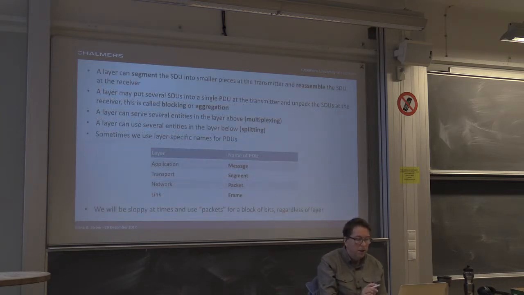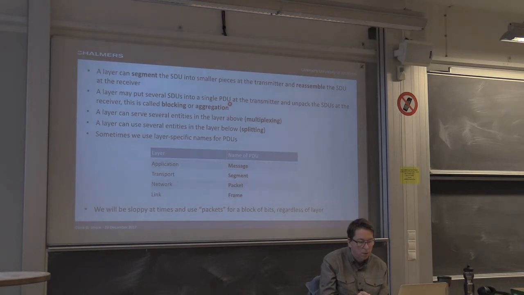A layer can segment a service data unit into smaller pieces, transmit them individually, and then reassemble that at the receiving end. A layer may put several service data units into a single protocol data unit, and then disassemble that at the receiver. This is called blocking or aggregation.